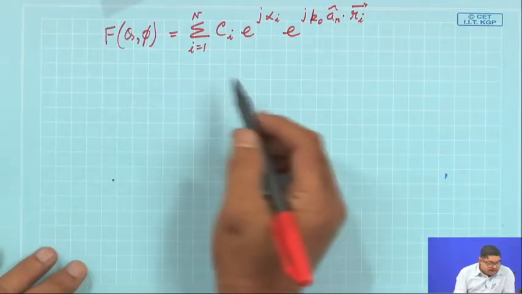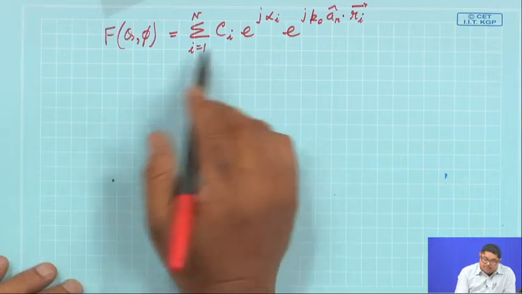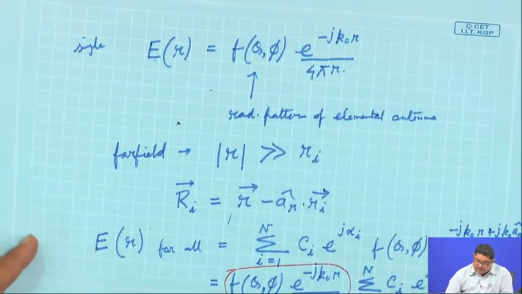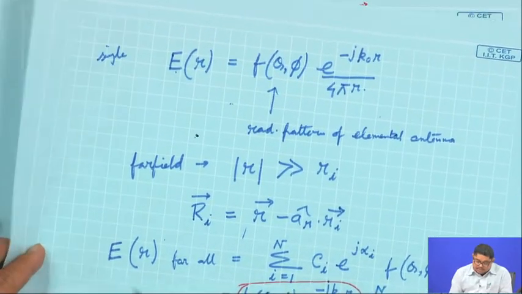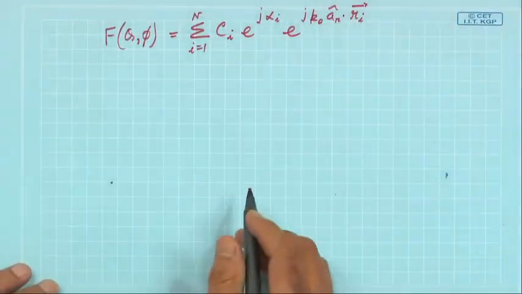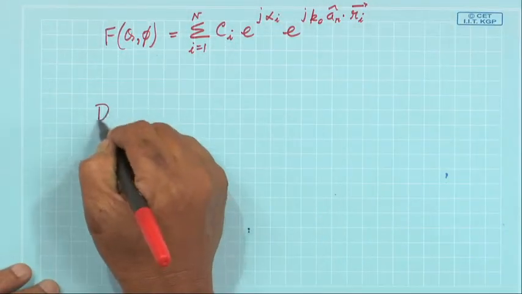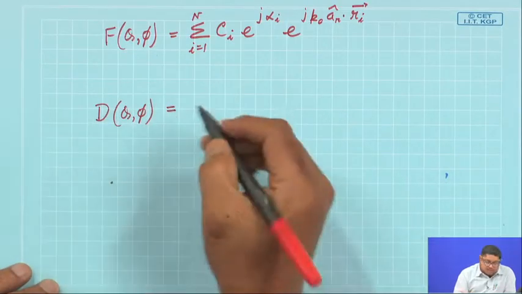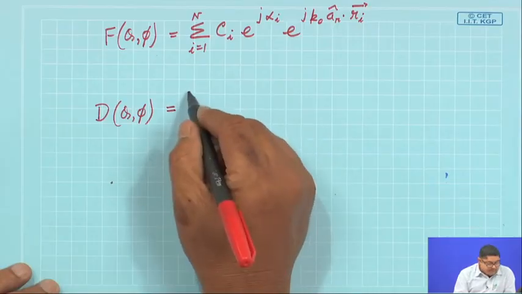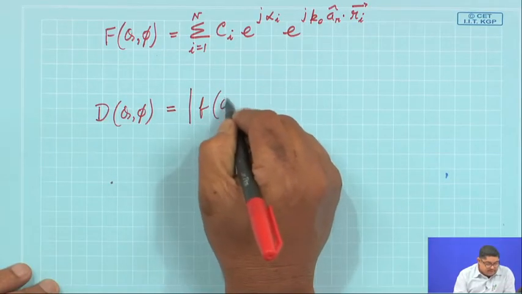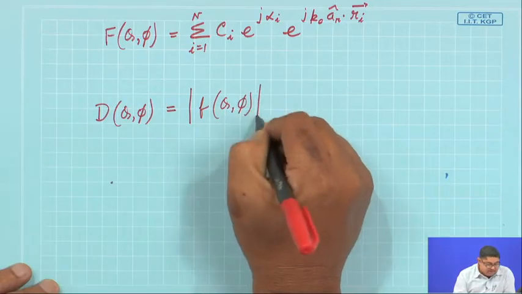Now, the radiation pattern will be the magnitude square of this, and the directivity of the whole array antenna can be written in terms of f theta phi square.